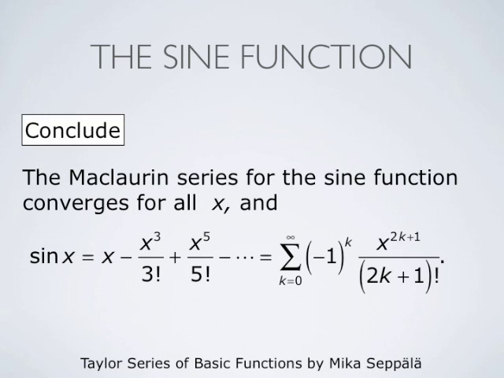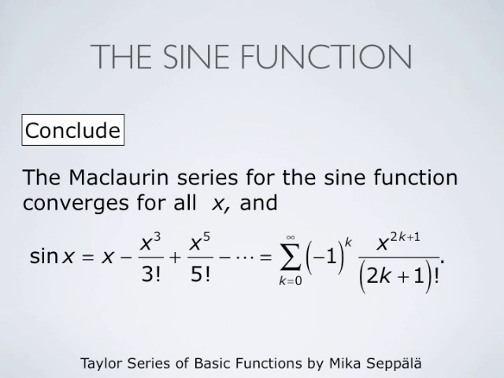Since the error terms are bounded by numbers which approach 0 as n grows, we conclude that the sum of the Maclaurin series for the sine function is the sine function itself for all x. That is, the Maclaurin series both converges and its sum is sine of x for all x.